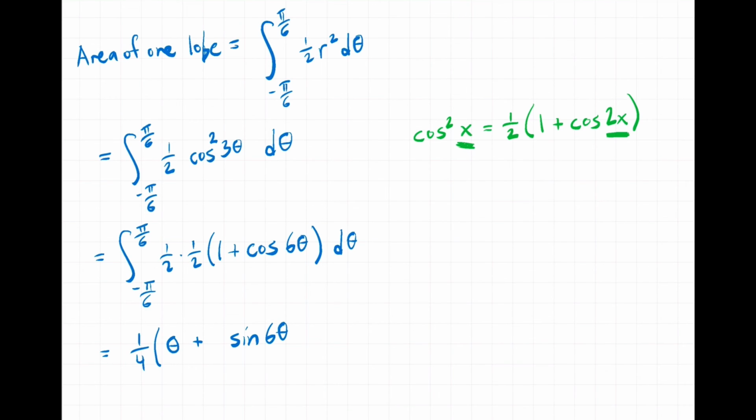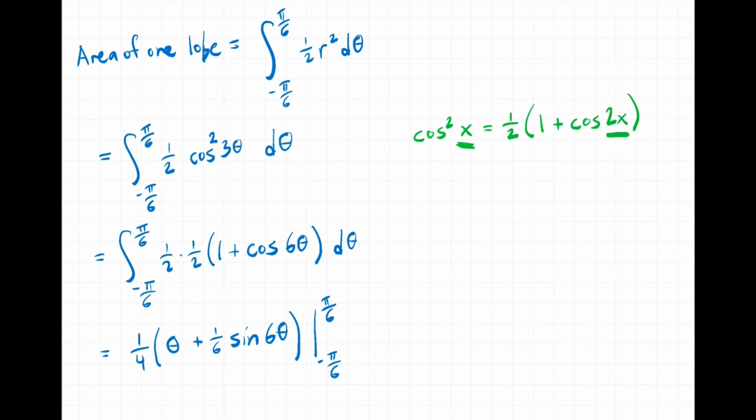But we technically needed to use a u substitution here, with the u being 6 theta, and to complete that u substitution, we'll have to divide by 6. So I'll put a 1/6 here. Okay, there we go. And we are going from negative pi over 6 up to pi over 6.